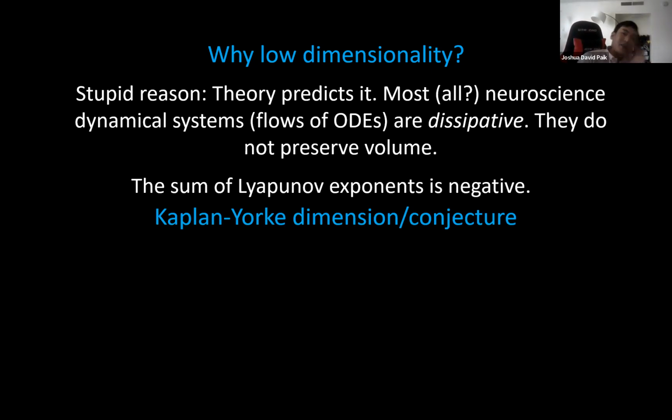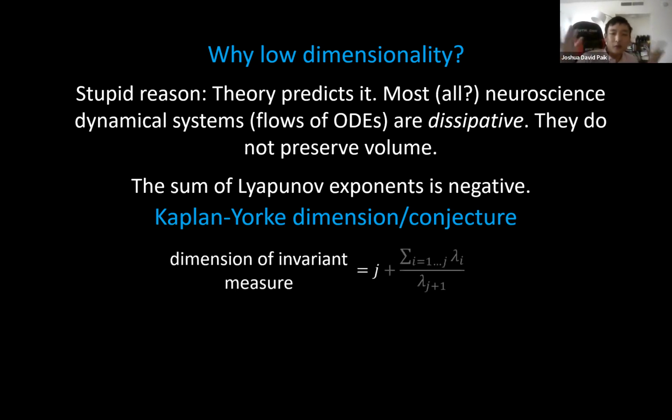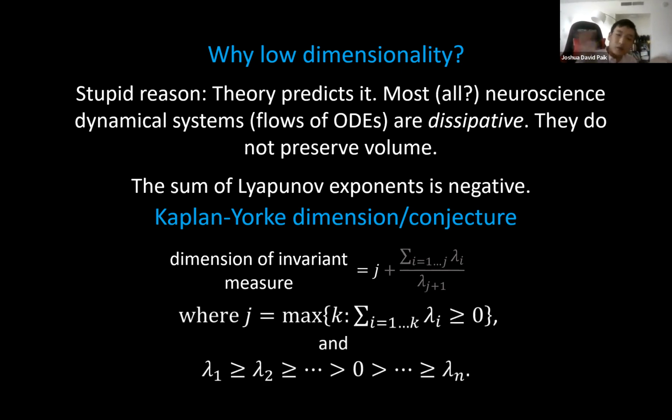Well, there's a fact: you can compute the dimension of an invariant measure in terms of the sum of Lyapunov exponents. So the Kaplan-Yorke dimension is a fractal dimension of the invariant measure, and it's equal to j plus an error term, where j is the largest number such that the sum of the first j Lyapunov exponents is positive.